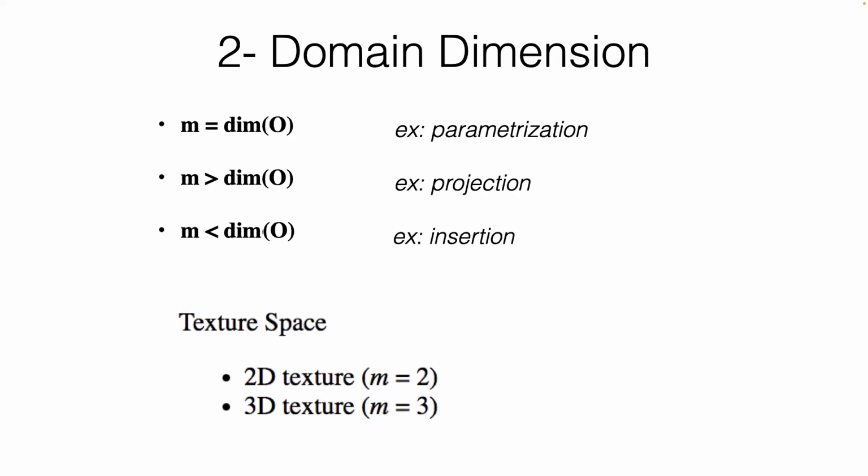You want to project that onto the object. And when the dimension of the texture is lower than the object, you have insertion. That's the case of volume texture, because basically we take the restriction of the points in 3D to the surface, right? And then usually the texture space is either 2D or 3D.